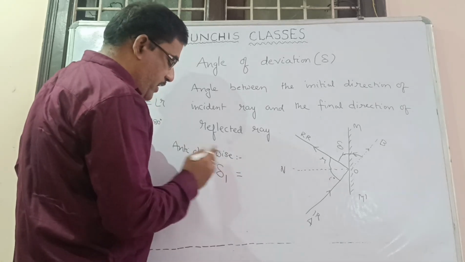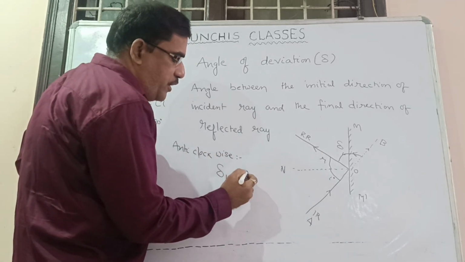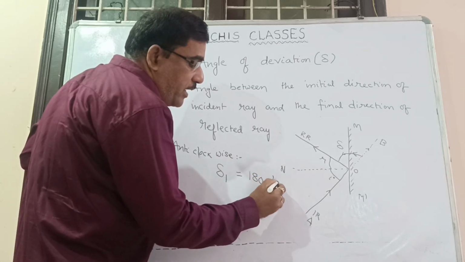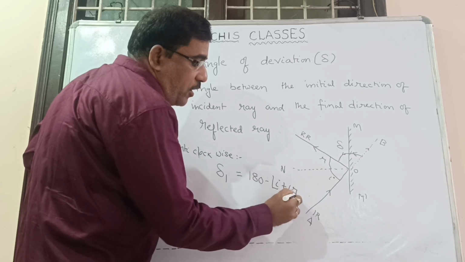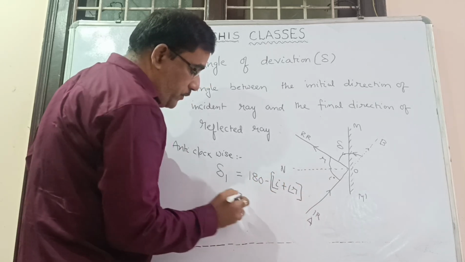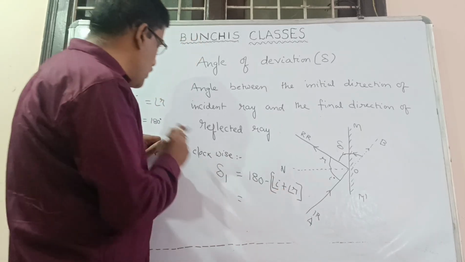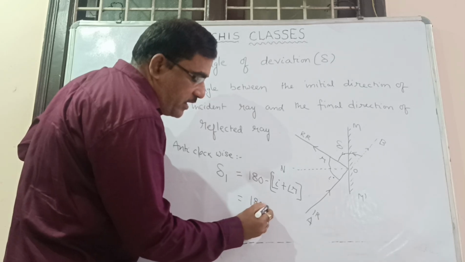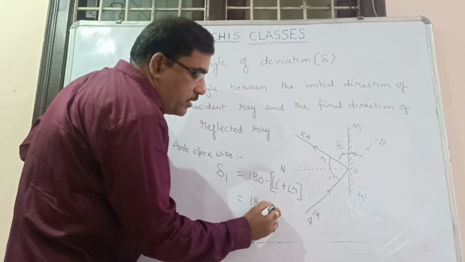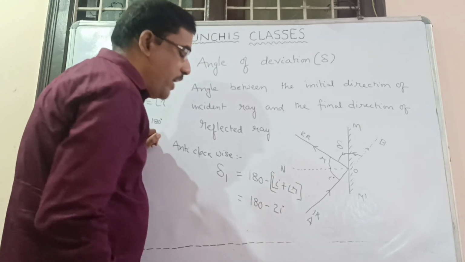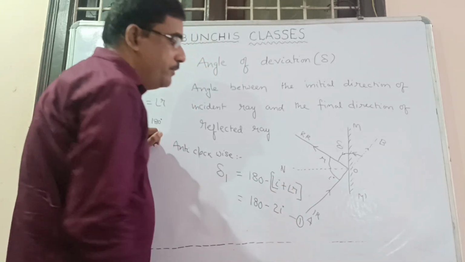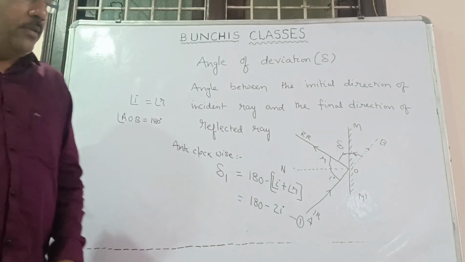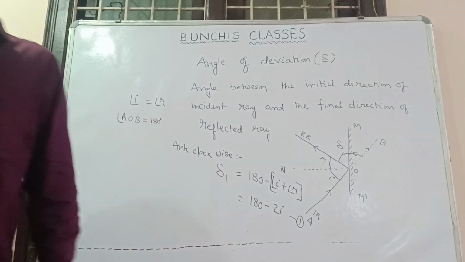So delta 1, that is the angle of deviation in the anti-clockwise direction, is 180 minus of angle I plus angle R. Then from the laws of reflection, angle I is equal to angle R, so we can write delta 1 is 180 minus 2 into angle I. This is number 1. Up to here, you note quickly. Pause the video and note.